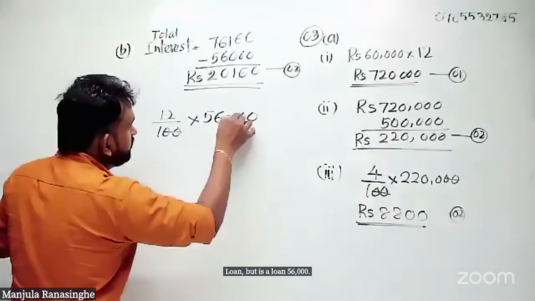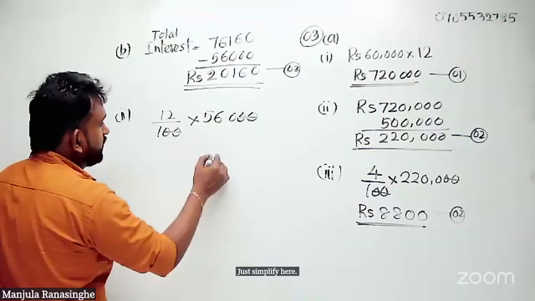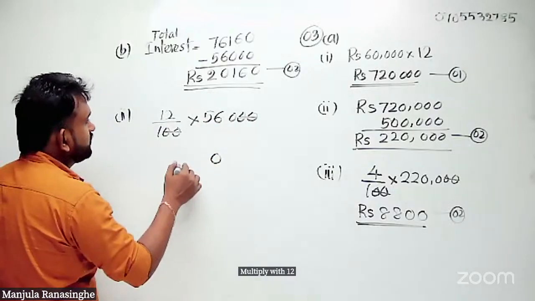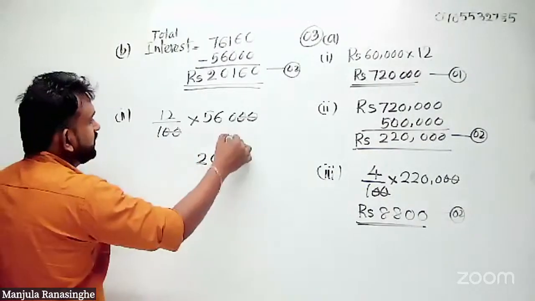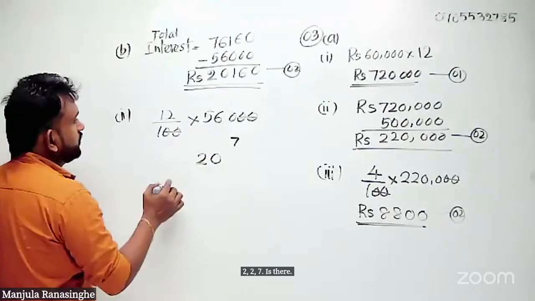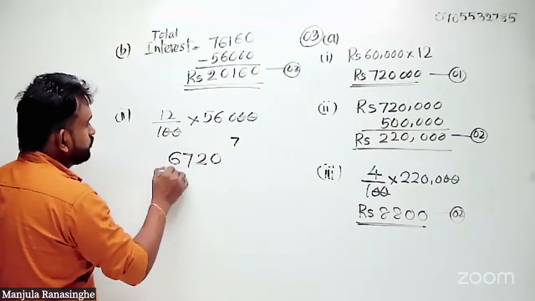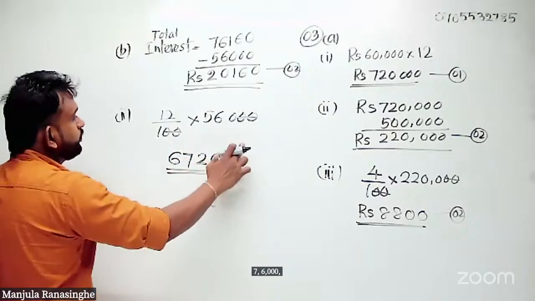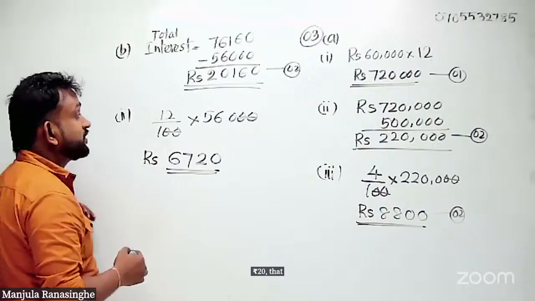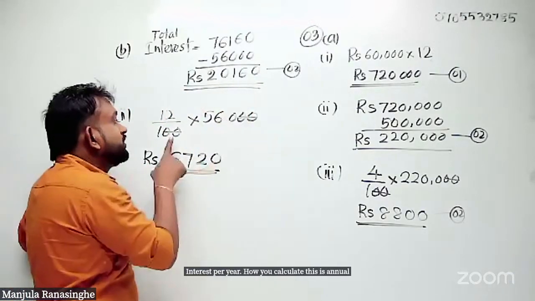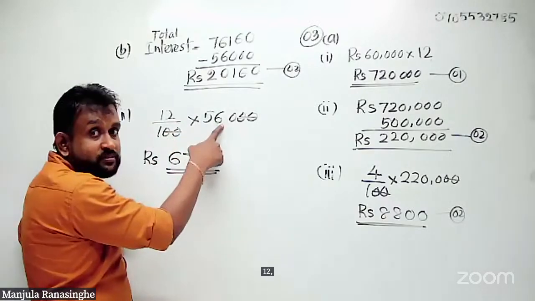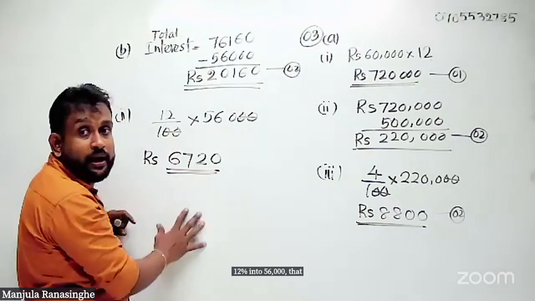Just simplify and multiply by 12. 6,720 rupees is the interest per year. How do you calculate it? The annual interest rate into the loan: 12% into 56,000 is the interest per annum.